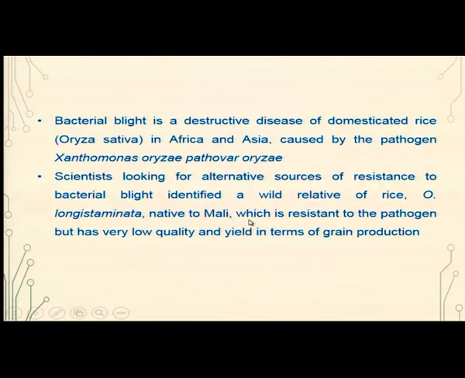But the detrimental factor is that this wild variety has very low quality and yield in terms of grain production. The cultivated higher variety has good yield and good quality, but it is sensitive to the disease.